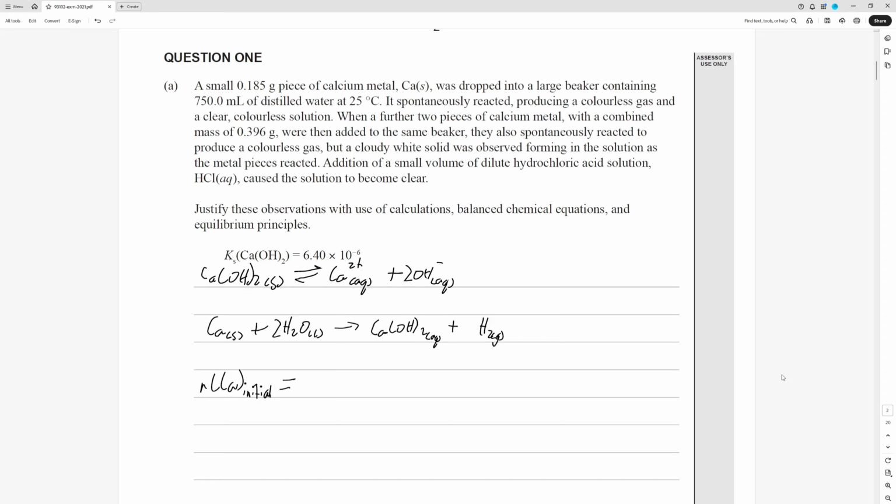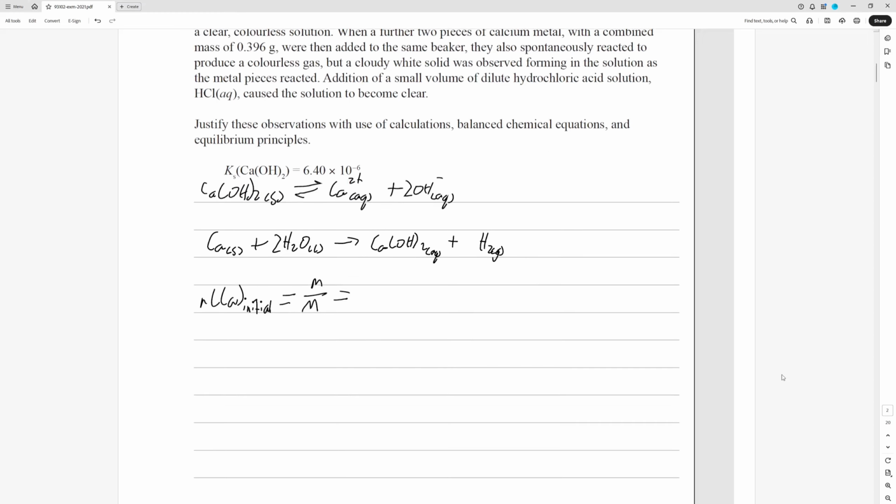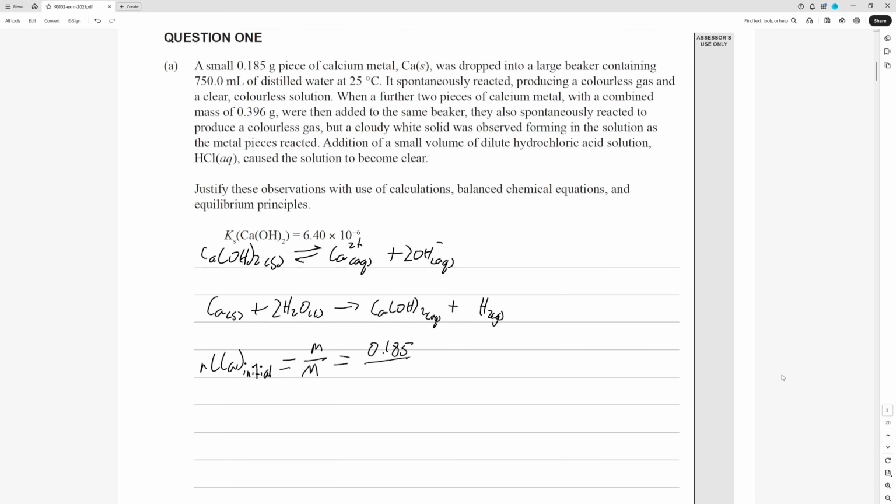We can do this using the formula mass over molar mass, so that's small m over big M. The mass here is 0.185, and the molar mass of calcium, which you can find in the periodic table provided in the resource booklet, is 40.1. That leaves us with 4.6135 times 10 to the power of negative 3 moles of Ca.